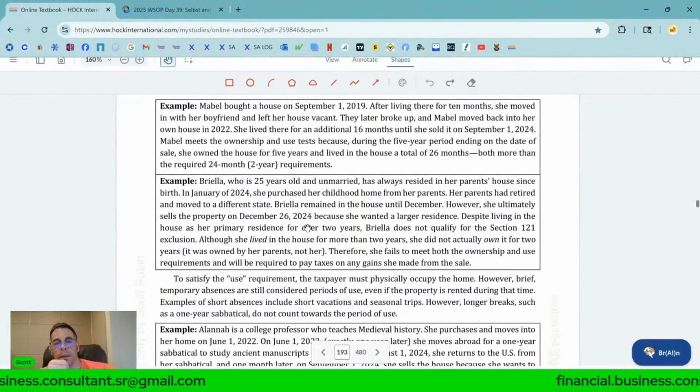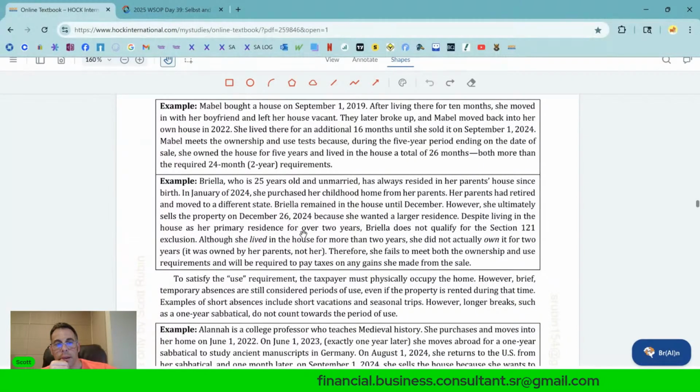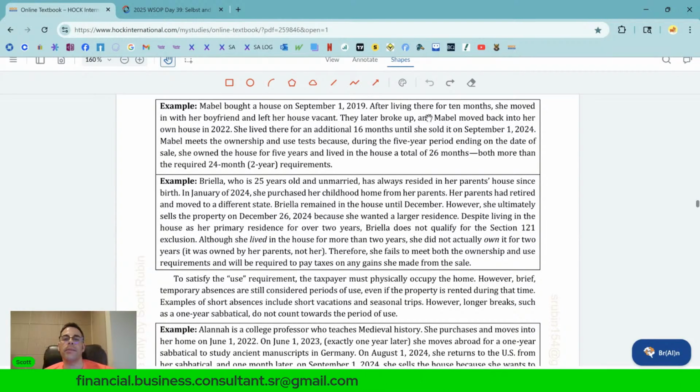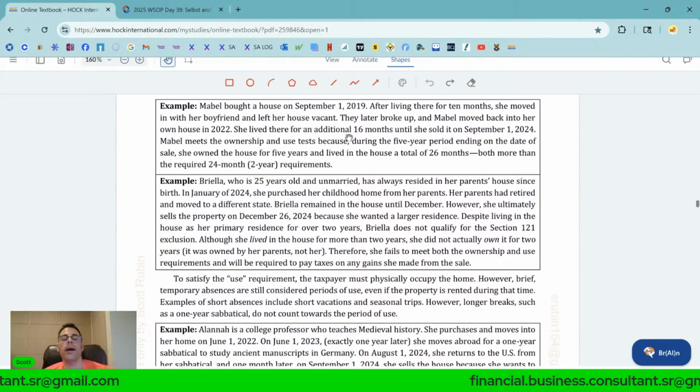So let's see. Okay. Mabel bought a house in 2019. After living there for 10 months, she moved in with her boyfriend and left her house vacant.